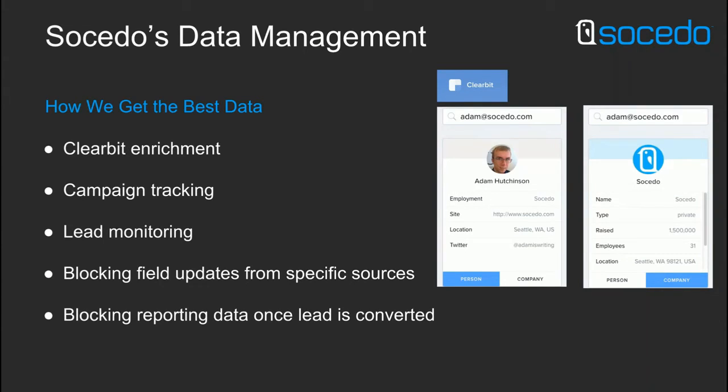They also have some other data in their database already. And they say, all right, this company we know is using Marketo, and I can put that into my system and automatically know that this lead comes from a company using Marketo, which is super helpful, obviously, for me when I'm targeting Marketo users versus HubSpot users, sending them the right product videos about how Socedo integrates with those platforms.